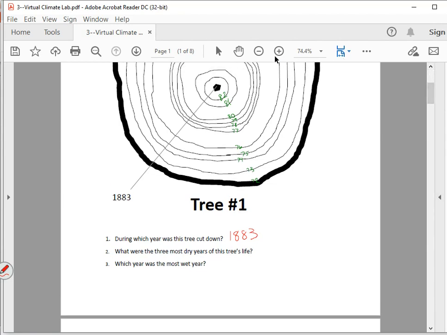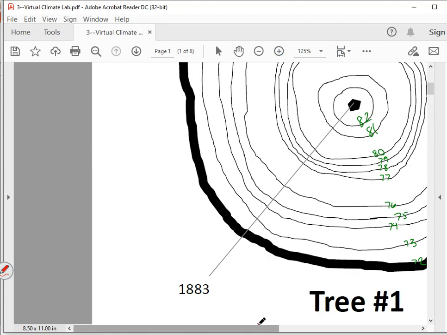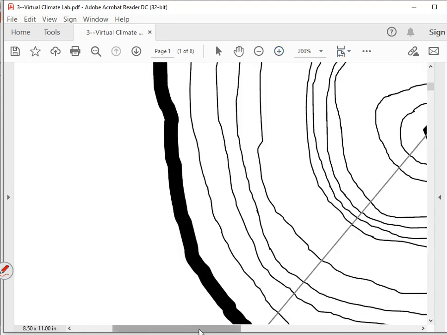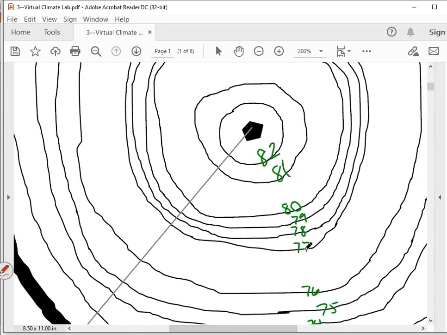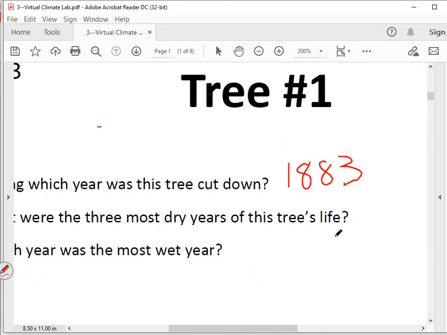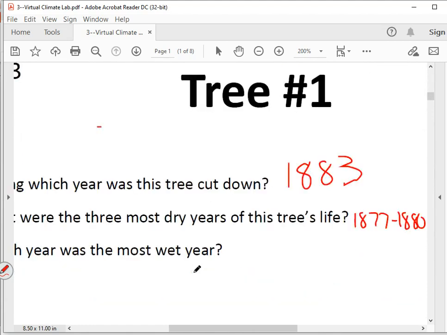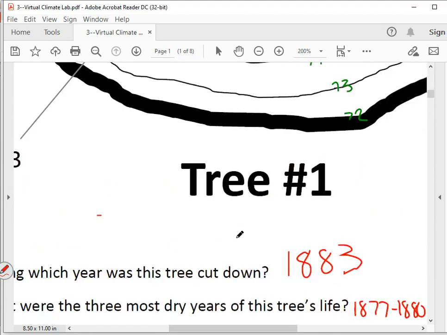Since I've numbered these here, as I zoom in a little bit, we can see that my 3 driest years should be right around here, so between 1877 to 1880. That's what I would put there.